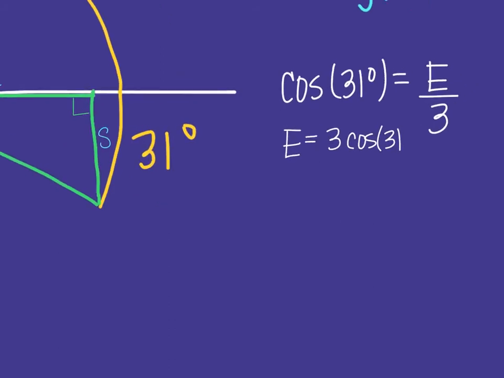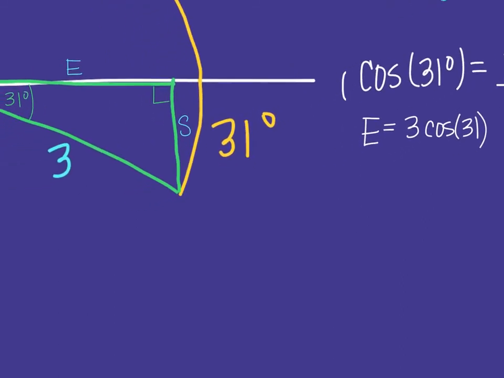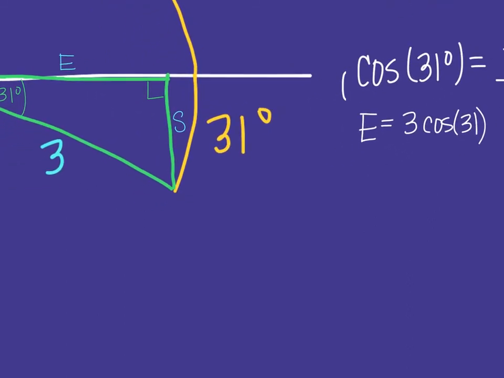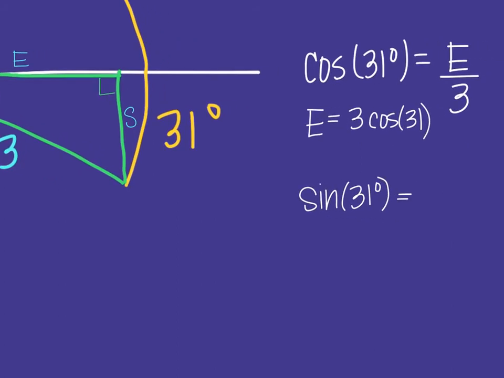And then you type that into your calculator. The south side is opposite, so I use sine. So I'll have sine of 31 degrees, and that will equal south over 3, so we cross multiply. So south is 3 sine 31. And you'll use your calculator to finish that.